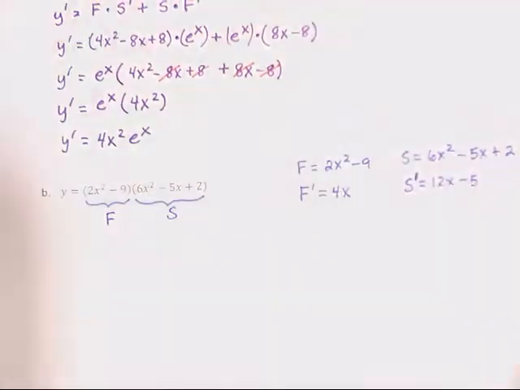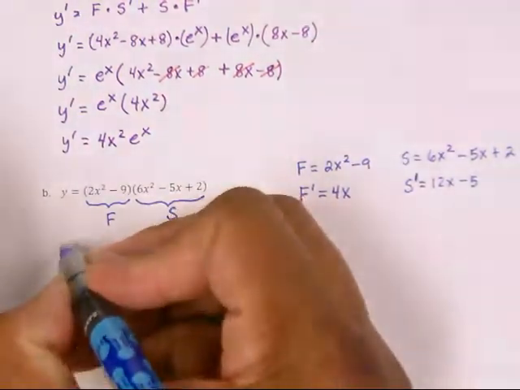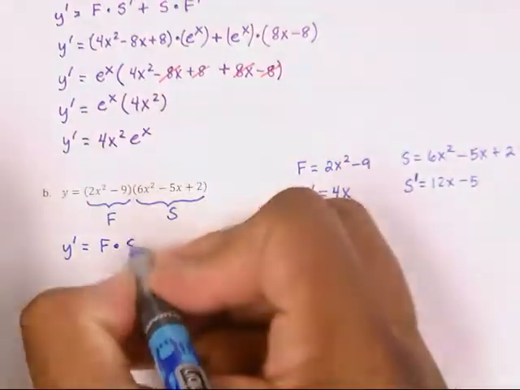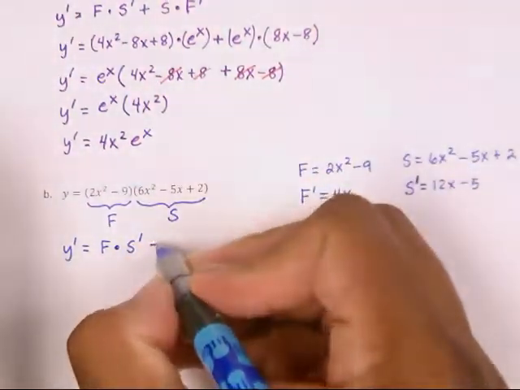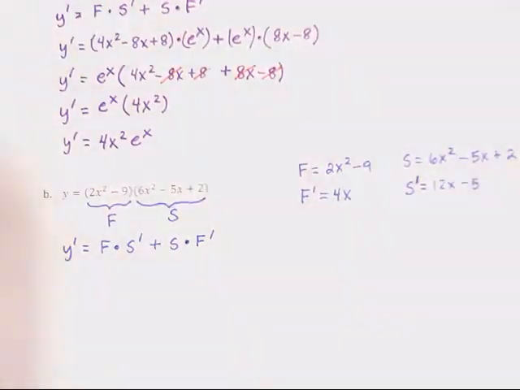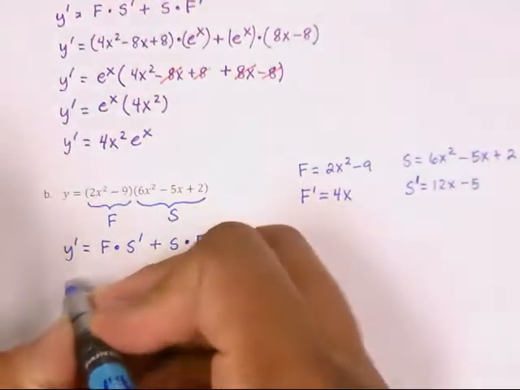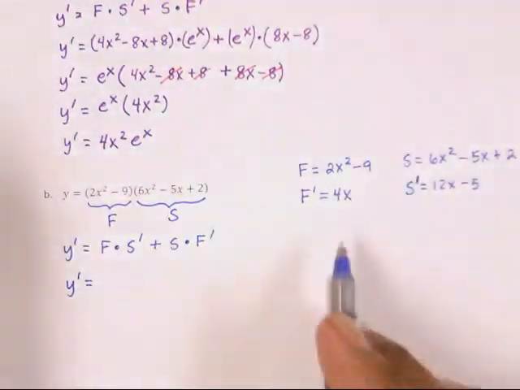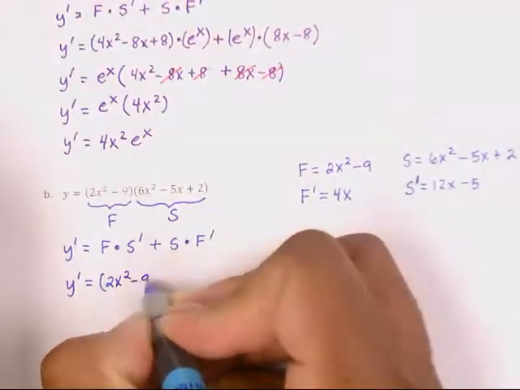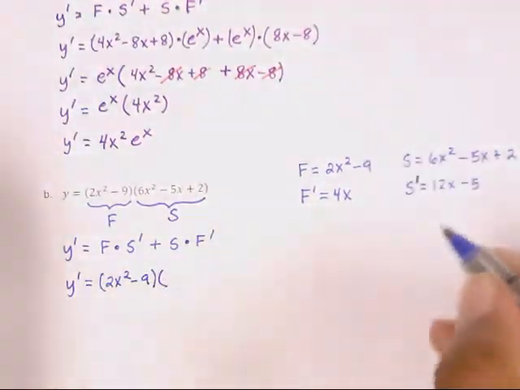And now I can go ahead and take the derivative using the product rule. So here y prime would be, again, the first times the derivative of the second plus the second times the derivative of the first. So here y prime would be, the first was that 2x squared minus 9 times the derivative of the second.